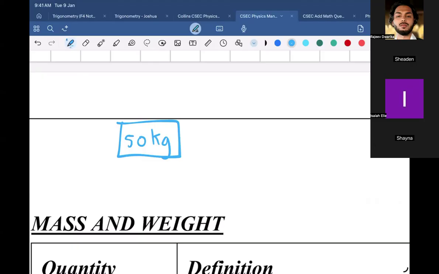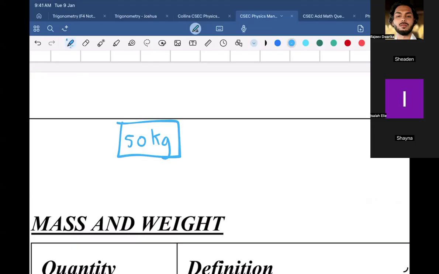So anytime you hear weight or weigh, you should already know that's a force. And I trust that everybody here knows what the unit for force is. Do you know what the unit for force is? Newtons.